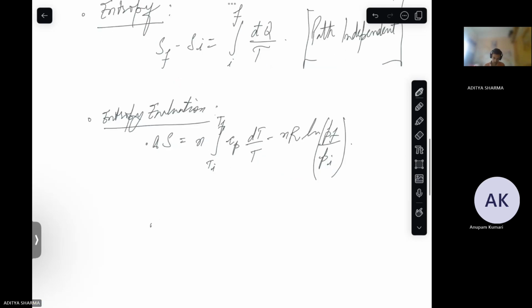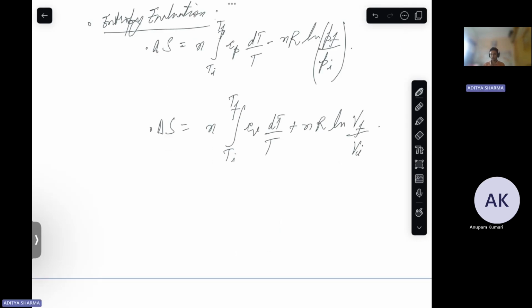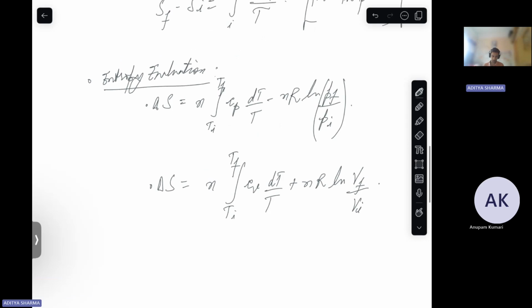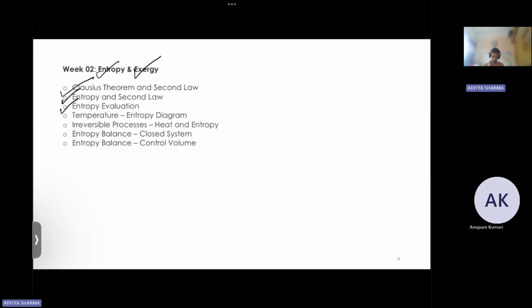Okay. All right. So your entropy can be evaluated using these formulas, right? There are other formulas also, but these can also be used.